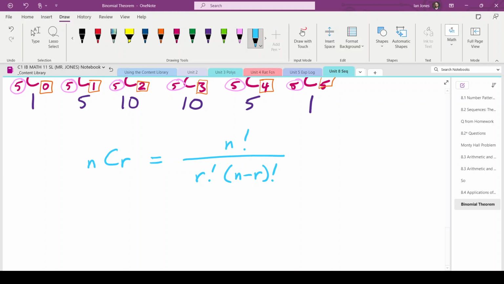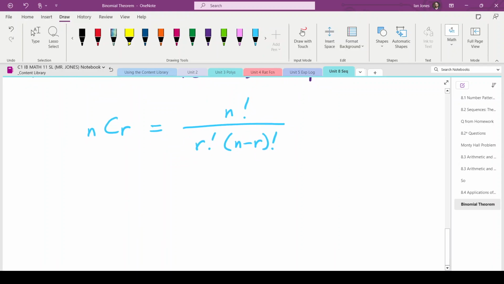A factorial is a repeated multiplication starting with the number that is applied to the factorial and counting down to 1. So for example, if I have 5 factorial, that is equal to 5 times 4 times 3 times 2 times 1, which is equal to, gosh, that's 20, 60, 120.